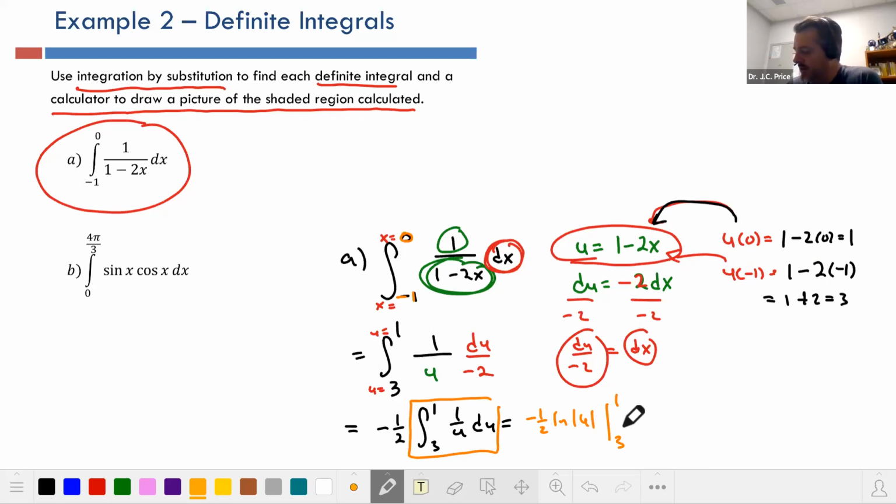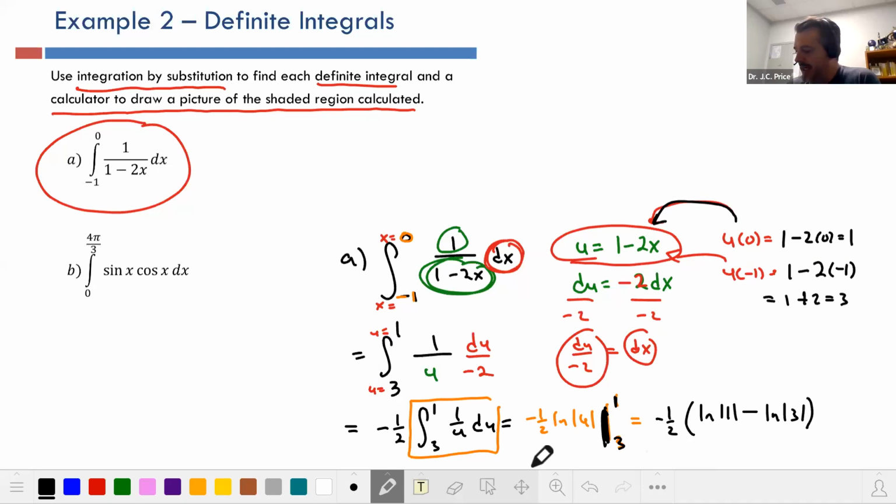And then this is equal to, so remember how this works. The idea is you plug in 1, and then you subtract off when you plug in 3. So it's going to be -1/2, and you can actually pull that -1/2 out if you want to. ln of absolute value of 1 minus, so I always kind of say that's an evaluated at, but I think that's a minus sign. So minus, and then plug in 3. So ln of absolute value of 3.